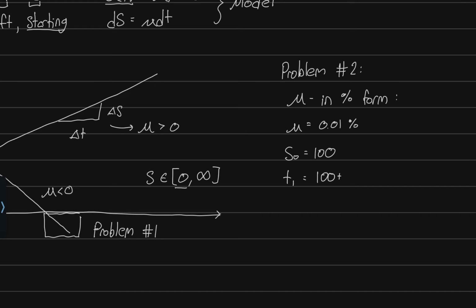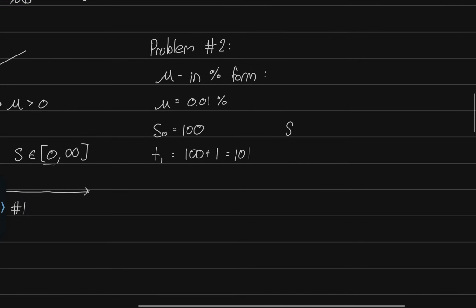So that's going to be $1, so that's going to be 101. But if my stock price started at 1,000, then at T1, I would have 1,000 plus 10. So these are different.